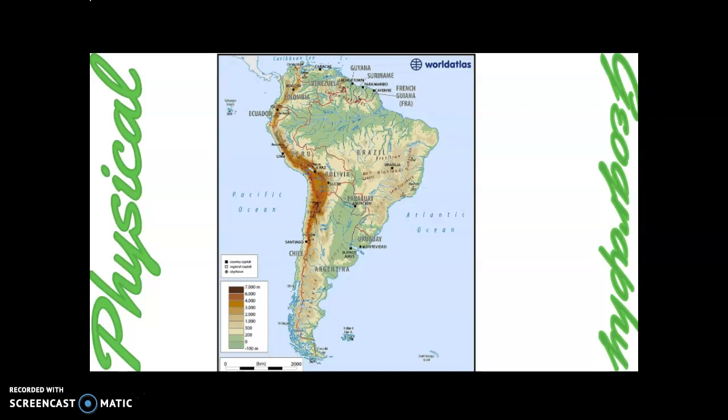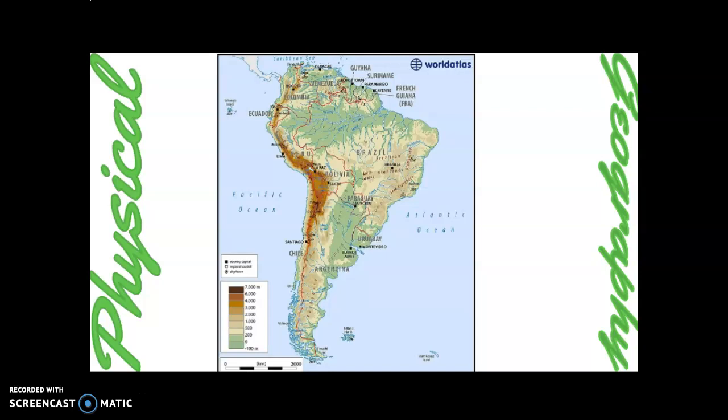The other major bodies of water that I'm probably going to have, or three maybe. One is the Amazon River, and you can see that that is primarily in the northern part of Brazil, but its tributaries go into some of those other countries. And so that's a significant river.